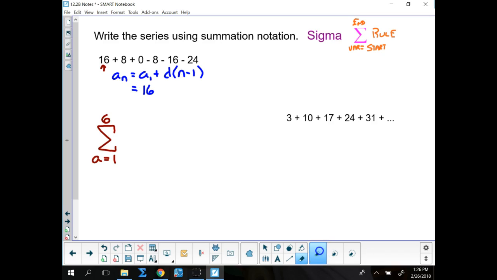So I'm actually going to subtract that off, times n minus 1. And that would be a rule, correct? Yes? So I could put that in here. But now I got to change it to A because my variable is A. Right?